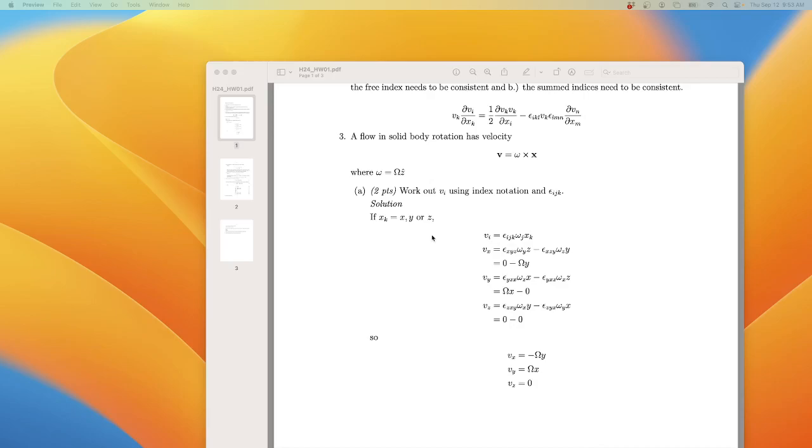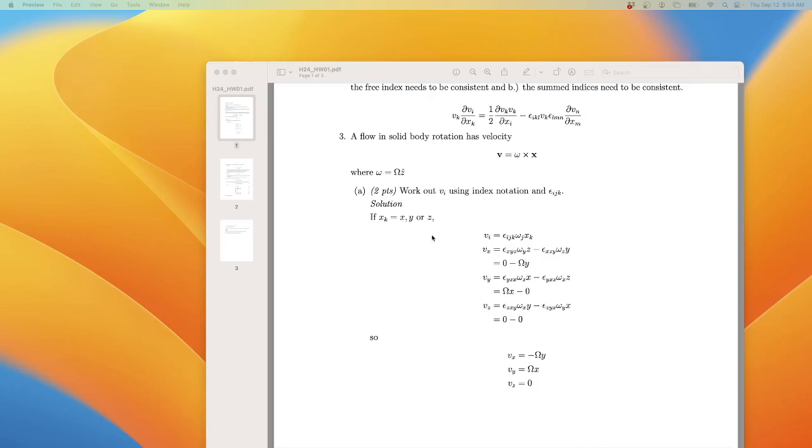As I increase x this way, the velocity is getting bigger. So Vy is increasing as you increase x, and that jives with what I got. And similarly, Vx is pointing in this direction, so it's negative, and increases with y. So you can just do some spot checking to make sure that the result you get makes sense.